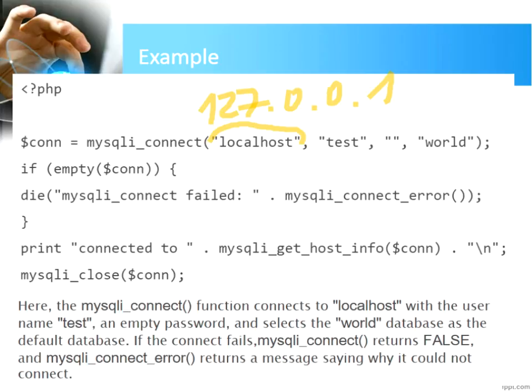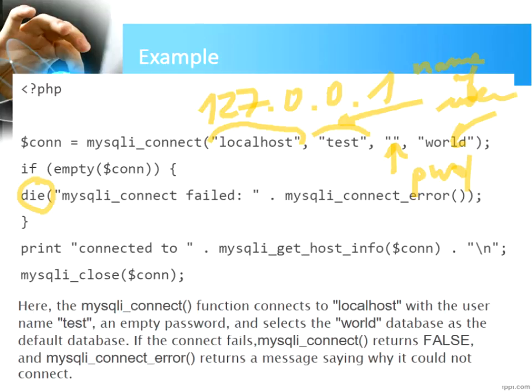Okay. After that, here is the name of the user, here is the password of the user, and here is the name of the database. If empty con, that means the connection is not created. In this case, we will use die.